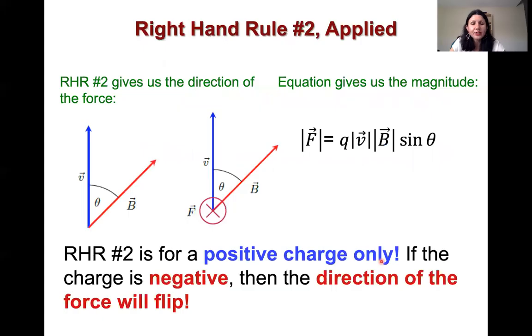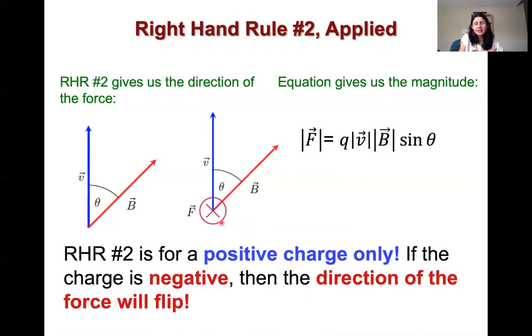Okay, so how do we actually use a right-hand rule if the angle is not perfectly perpendicular? Because this is the sine of theta, so it doesn't have to be 90 degrees. Well, this B sine theta really says that the only component of your B vector that matters is the one that is perpendicular to velocity.